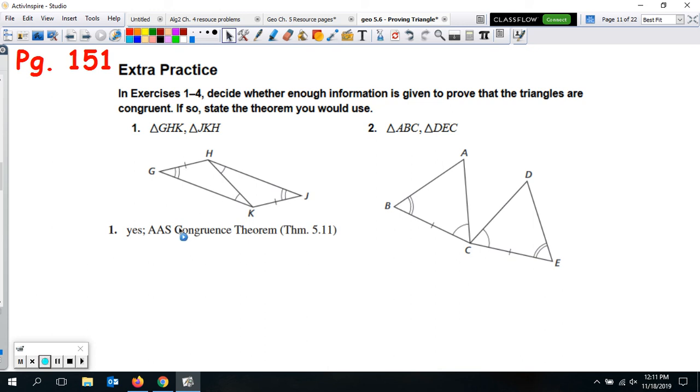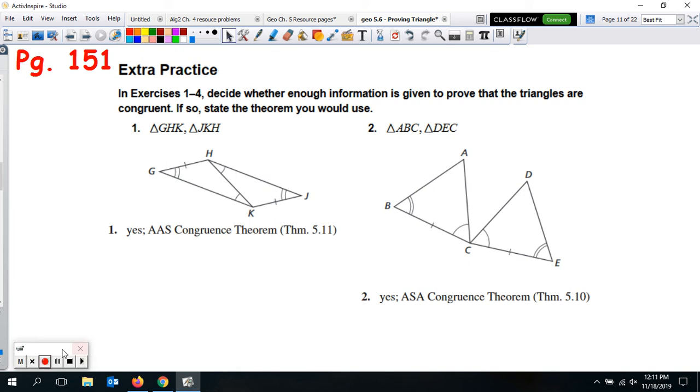So AAS on that one. And for this one, we have the two angles and we also have a side, so definitely yes. Which one is it, though? The side's in between the two angles, so this would be the ASA on this one, ASA for congruence theorem. So that's really all you needed to say there. Yes, AAS, and yes, ASA for number 2.